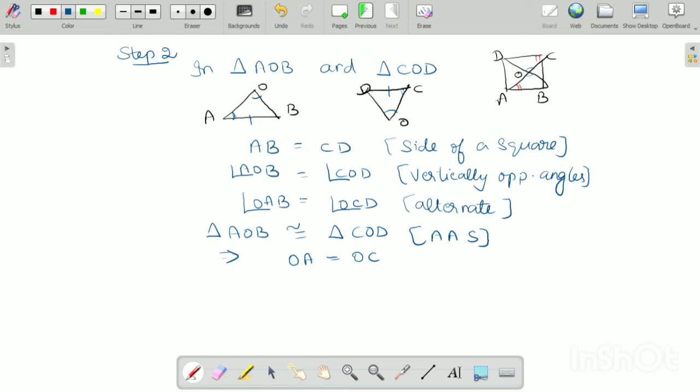Also OB equal to OD. That is, diagonals bisect each other. We got the next condition. So one more case, the 90 degree, we have to prove. That is, I am going to take it as step 3.